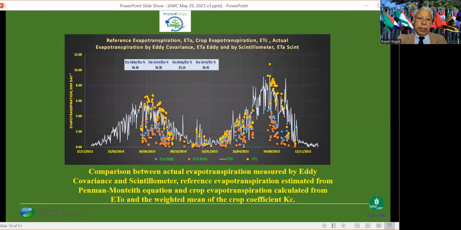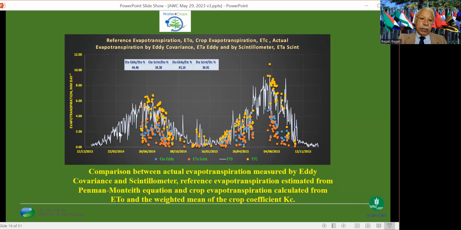And when we compare what we obtained from the eddy covariance and scintillometers with what we obtained from the calculations using the modified Penman-Monteith of FAO 56, you can see here that the orange and blue dots are the scintillometer and eddy covariance actual evapotranspiration direct measurements.